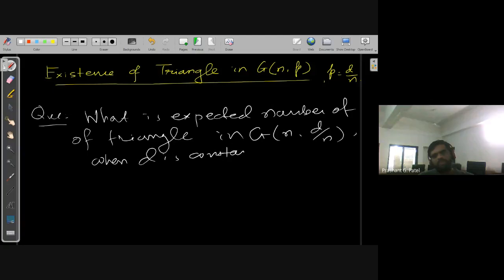So can somebody give me this answer? What do you think? If I increase the value of n, that means if I increase the number of vertices in the G(n,p) graph model, what should happen to the triangles? Will they increase, or what should happen? What does your logic or intuition say?